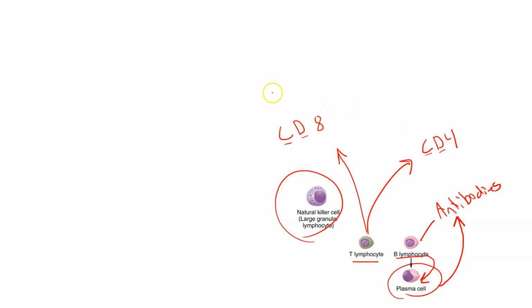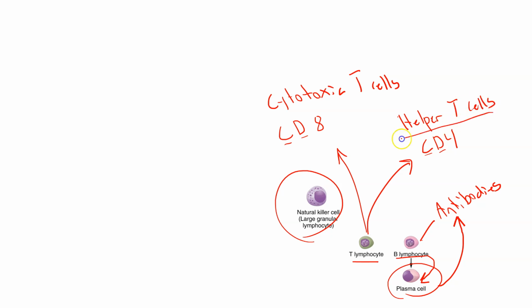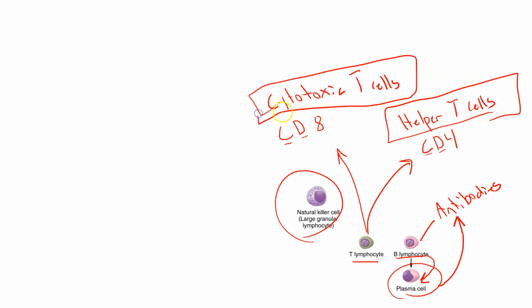The CD8 cells are sometimes called cytotoxic T cells, and the CD4 cells are sometimes called helper T cells. The cytotoxic T cells, as the name suggests, cyto meaning cell, toxic meaning destroy, destroy cells, and specifically cells that are abnormal or infected.